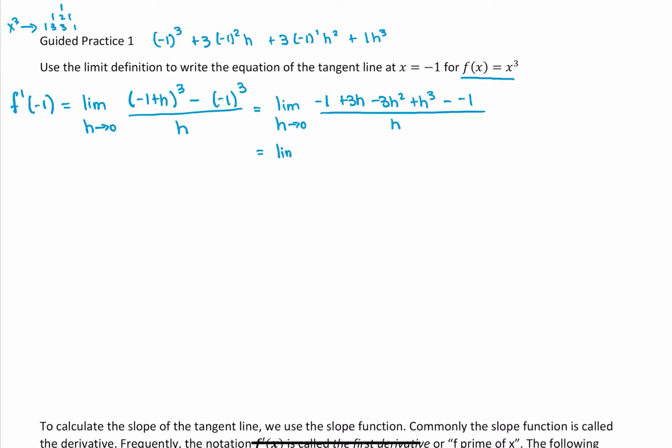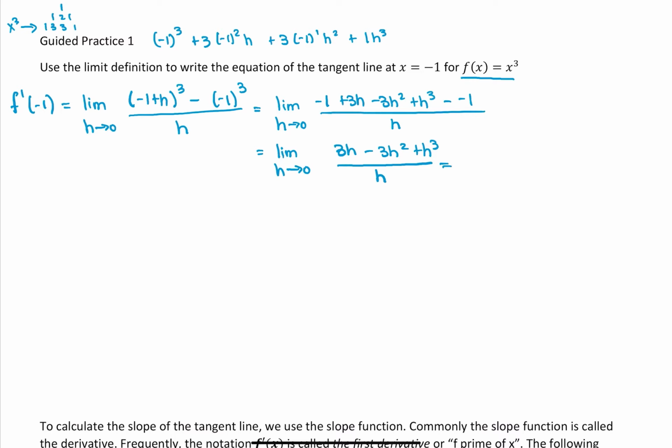So we get the limit as h approaches 0 of 3h minus 3h squared plus h cubed, all divided by h. So we get 3h minus 3h squared plus h cubed. Exactly.